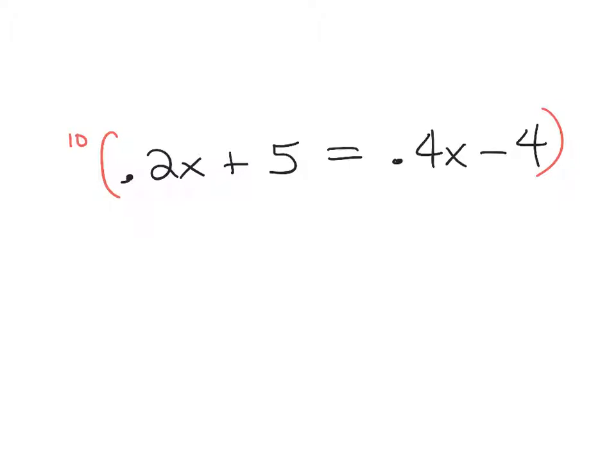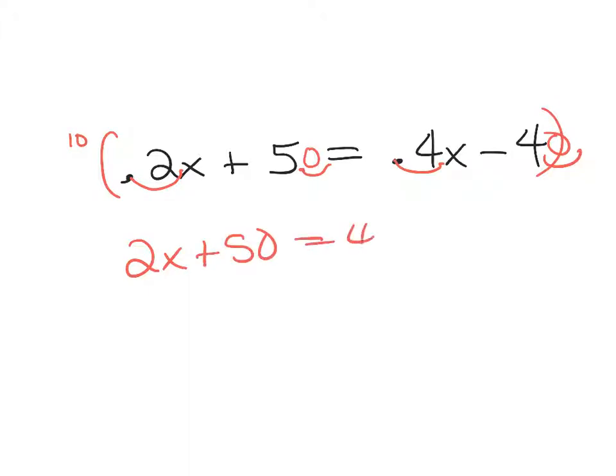Or essentially just know that I want to make this 2/10 x into a whole number. So I'm going to move my decimal point one time. I could put a decimal point here, move it one time, fill that basket with an egg, move this once, and move this once. So now my problem is just 2x plus 50 equals 4x minus 40.